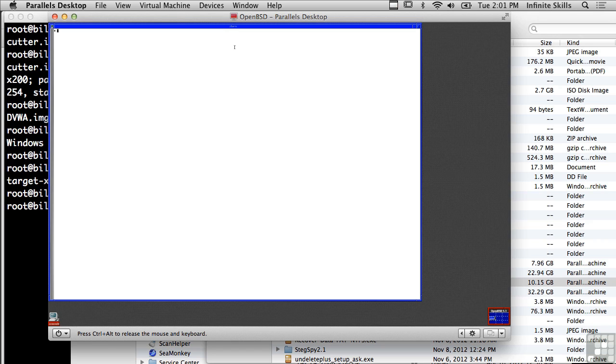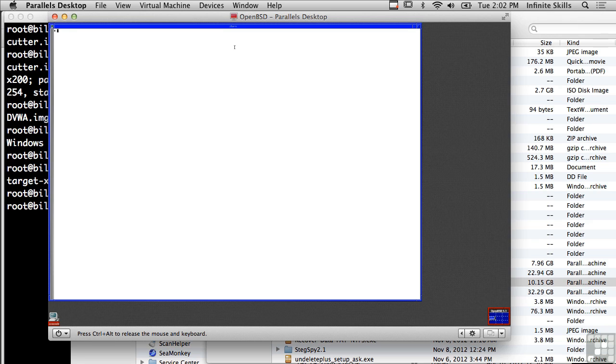FreeBSD is an attempt to get a desktop-based operating system that regular users could use, and it would be BSD-based. OpenBSD is an attempt to create a secure operating system and not particularly user-friendly unless you know what you're doing and are capable of actually creating the facilities or building the facilities that would make it more user-friendly for you.